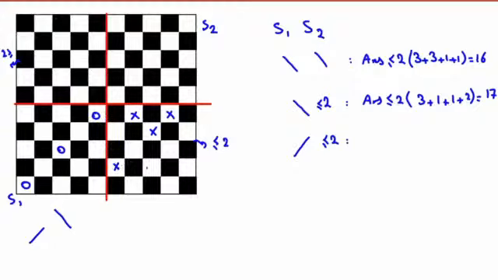And let's consider this part. We remove like this. What are the other cells that we can remove? This one, this, and then this one. We cannot reach this, right? So we remove these cells.